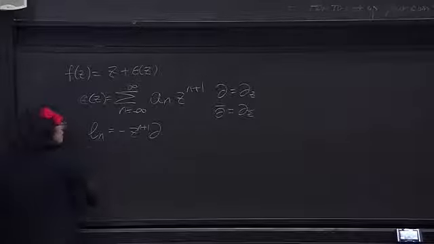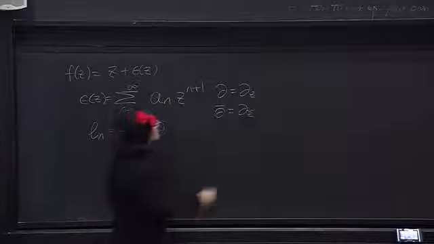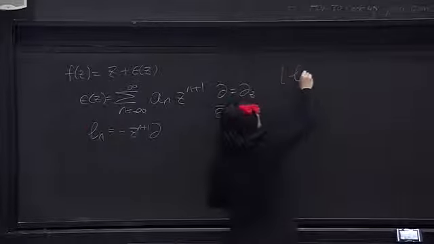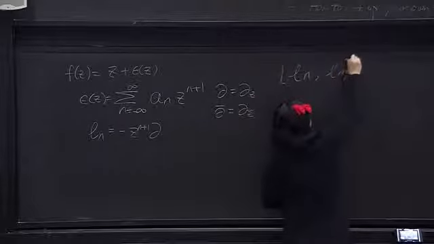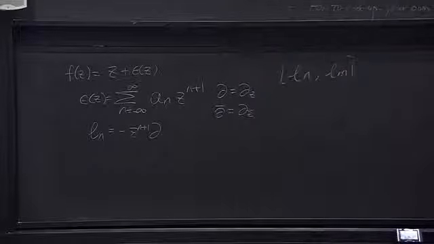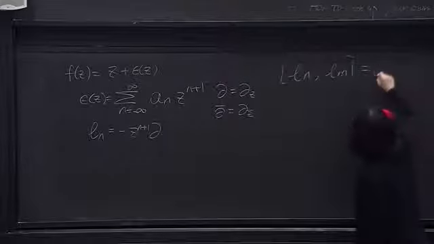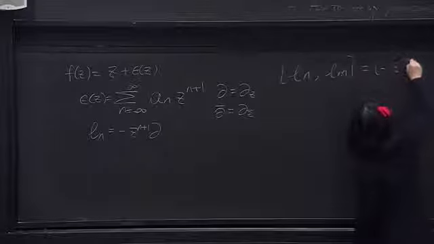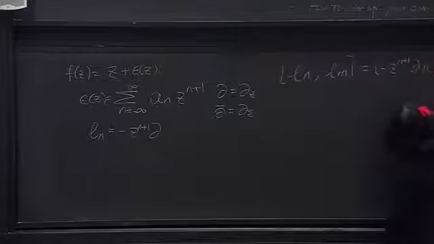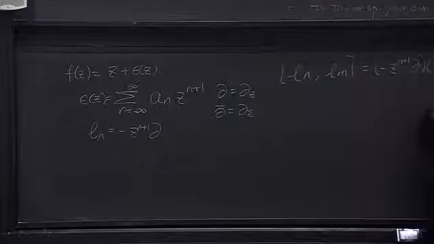Now we just need to calculate the commutator. So it's Ln, Lm. n and m can be anything between minus infinity and infinity, integers, but otherwise no other requirement needed. So this is the commutator.